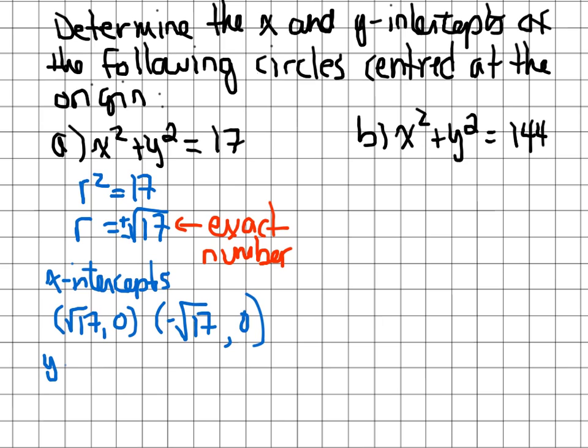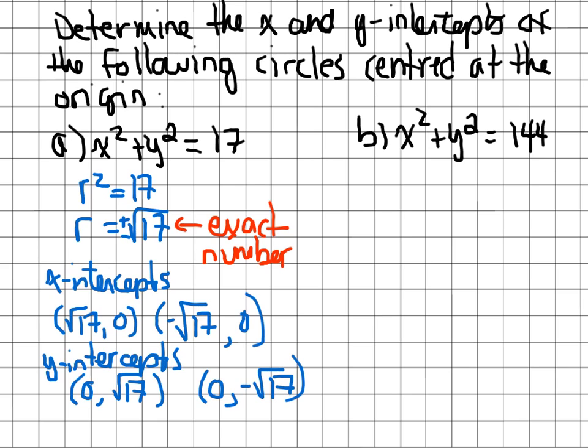And then we have our y-intercepts at (0, √17) and (0, −√17). And those are the x and y intercepts for that particular circle.